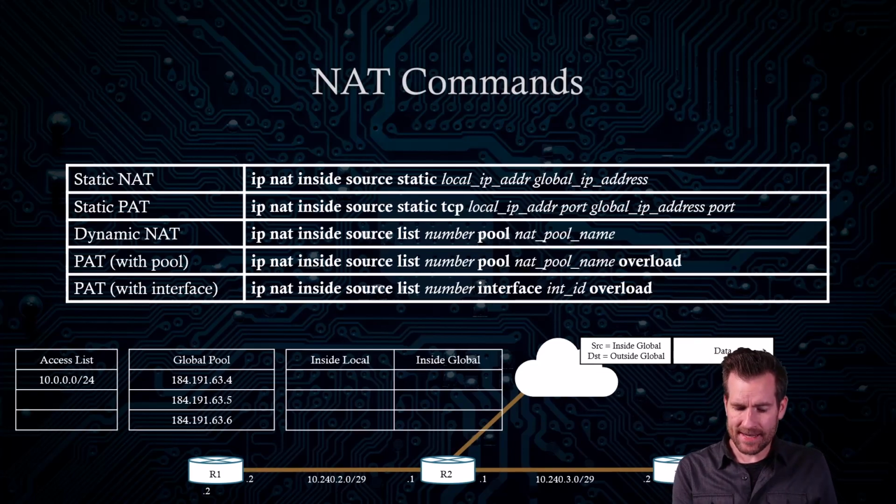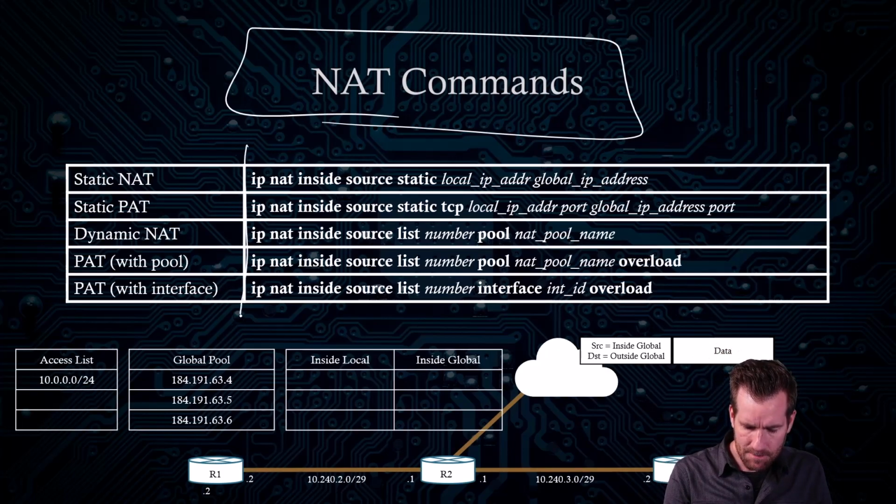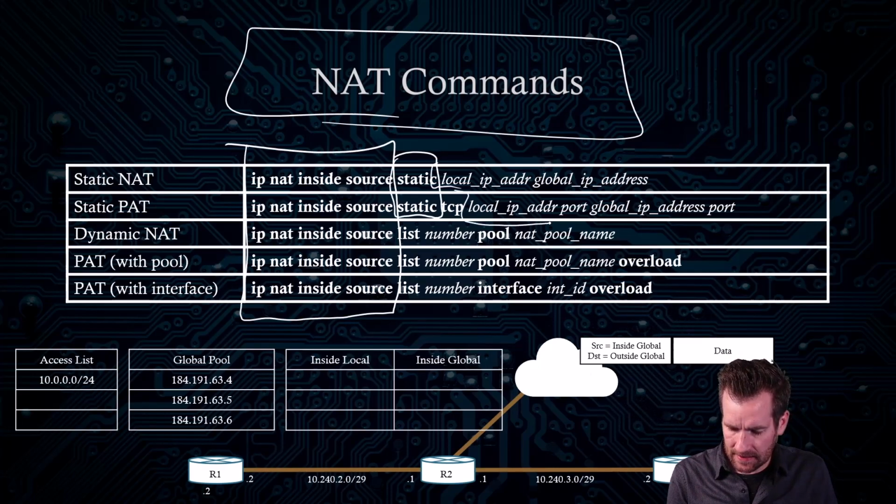So in summary, here are the NAT commands that we're going to be using in the next few videos. They all have this ip nat inside source. The static ones specify that they are static. They have both a local IP address that you specify and a global IP address that you specify.